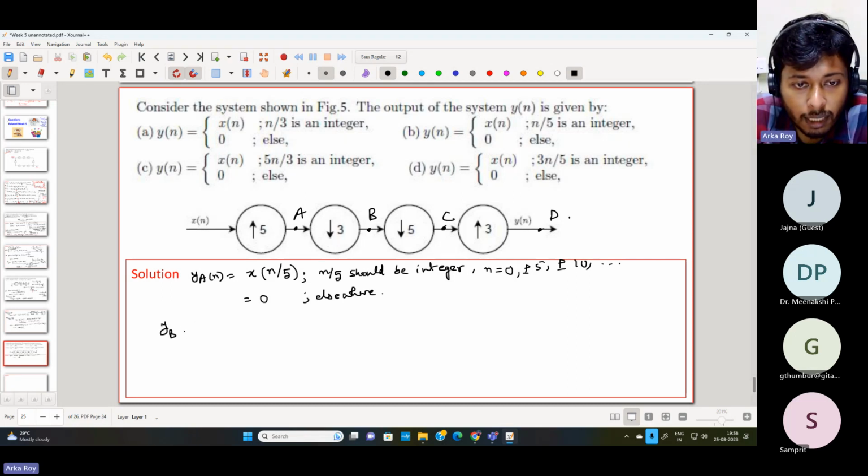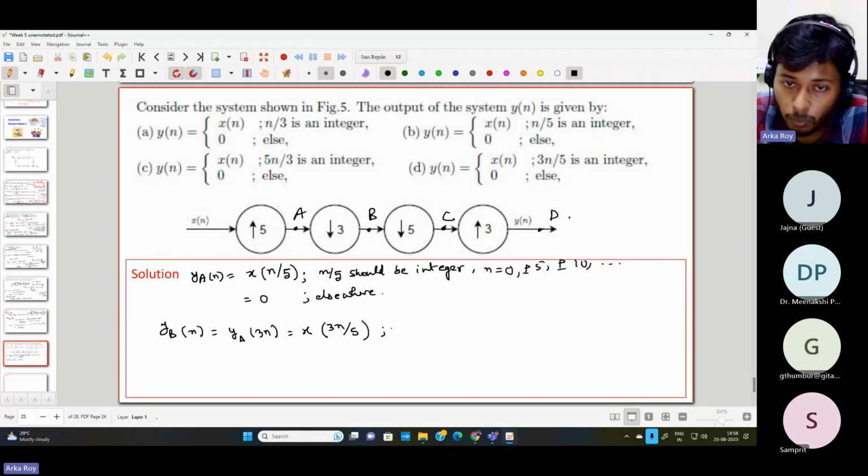Now when I'm doing yb of n, I'm doing a downsampling operation. So I can write it as ya of 3n, that means x of 3n by 5. And provided I have to take only those samples which go in the multiple of 5 locations.